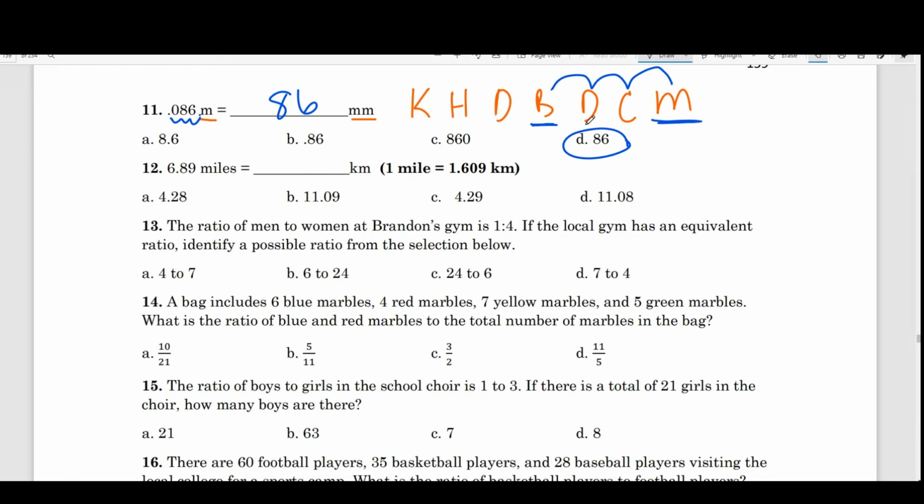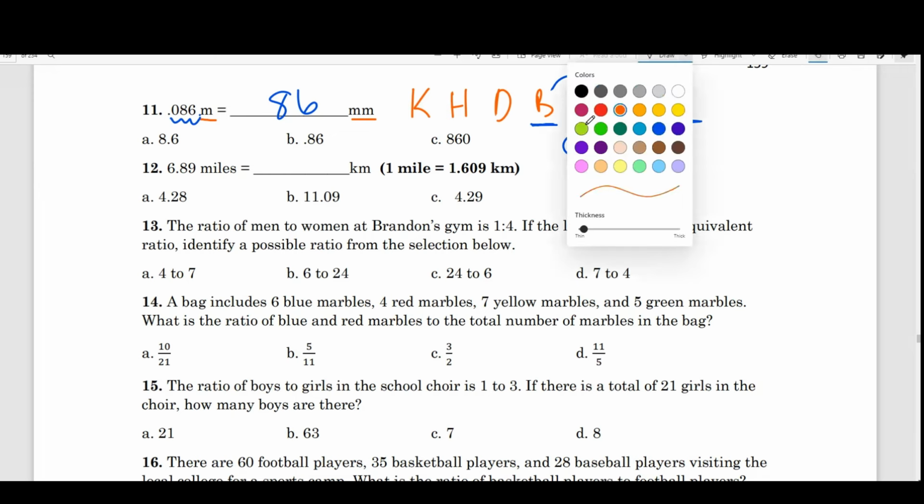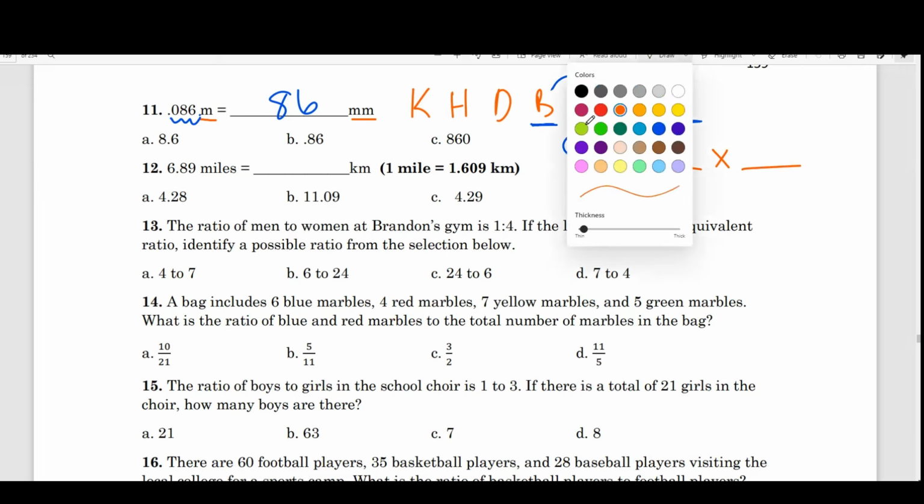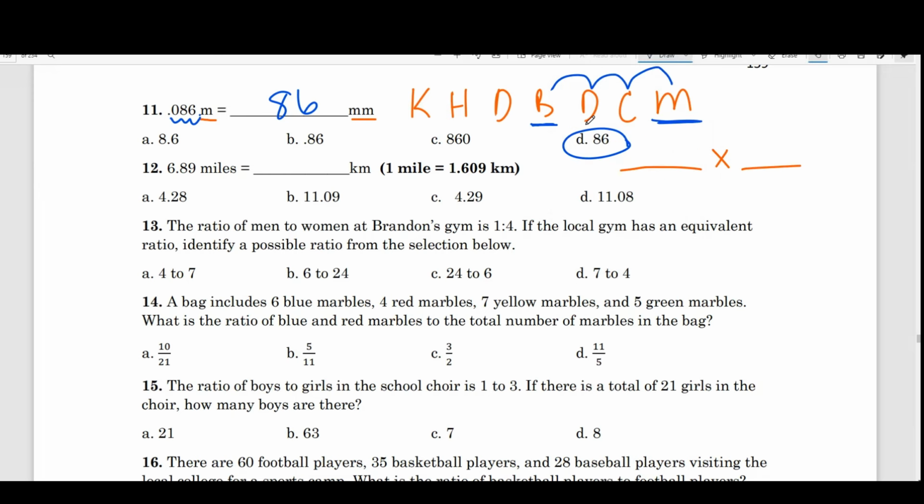All right, number 12, 6.89 miles is equal to how many kilometers? Here they give us the conversion factor, so we go through the question the same way as the previous one. We set up our ratios. We always write where we start, so we have 6.89 miles.